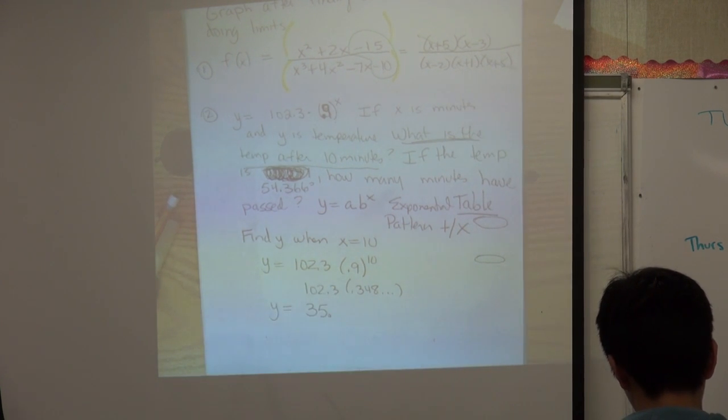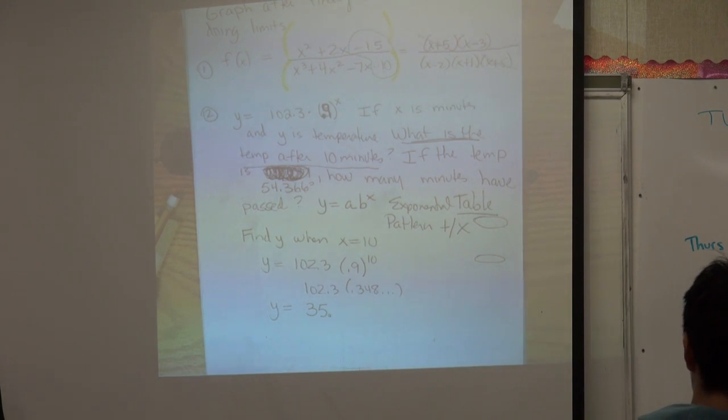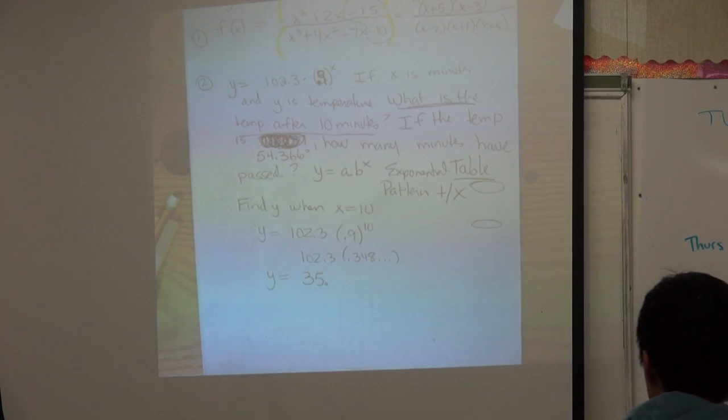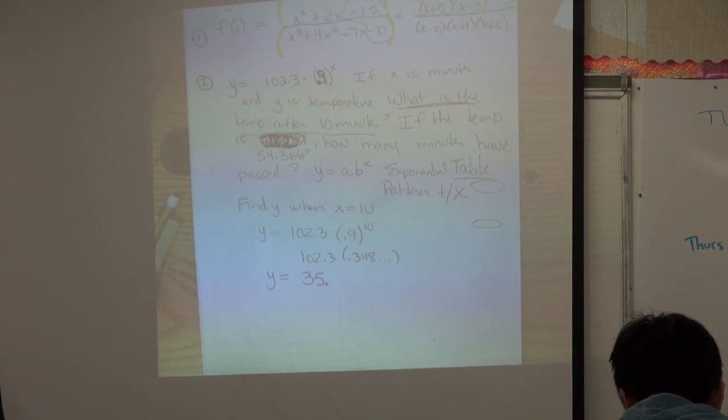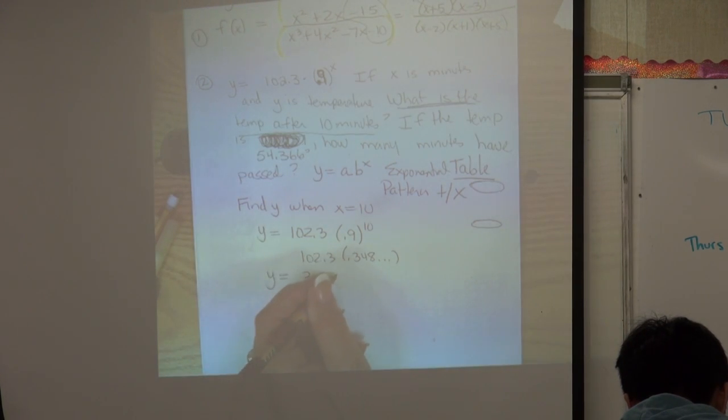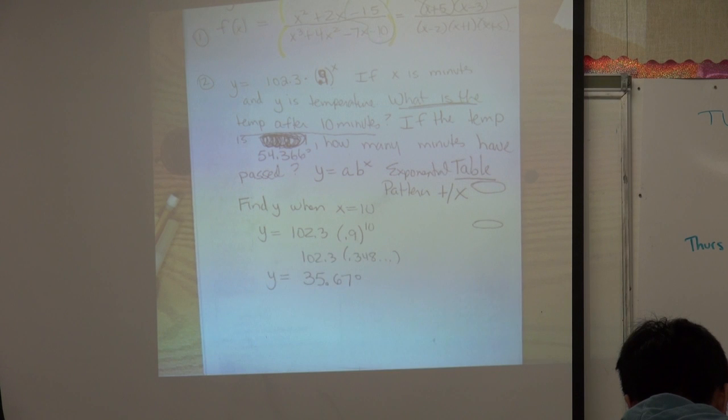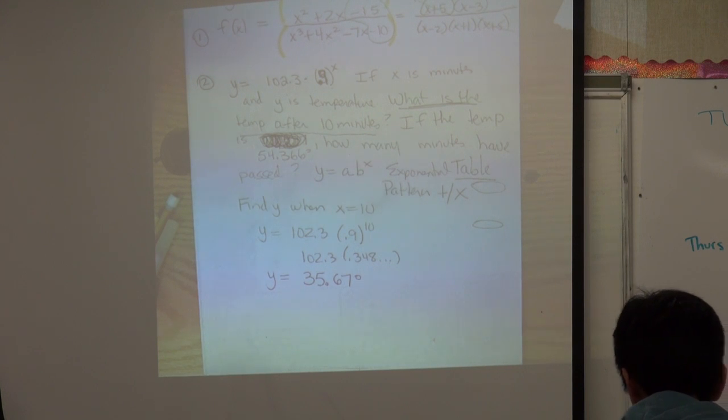And you know that if I don't tell you how to round, you should round to the hundredths. So Henry, what would the temperature be after 10 minutes? 35.67 degrees. 35.67 degrees. Yes. Would you round to the tenths just because that's what's in the problem, or should you always round down just by default?